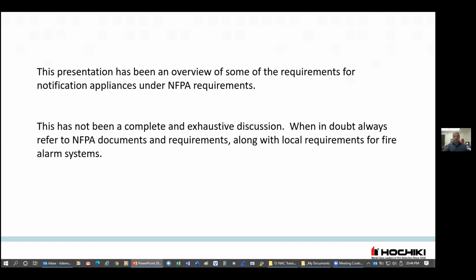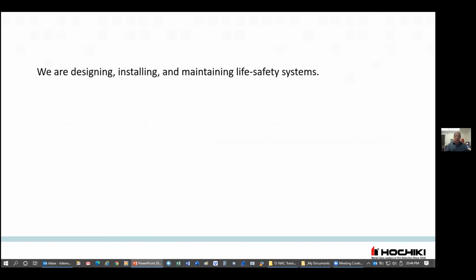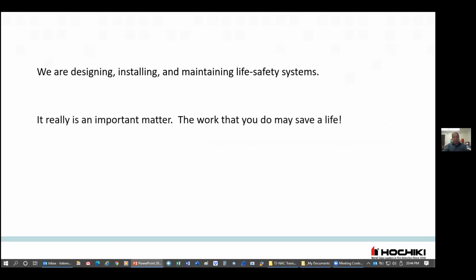Okay. So always remember that we're designing, installing and maintaining life safety systems. These systems, when they're designed, installed and maintained properly, save lives. And that is important and valuable work. The work that you do may save a life.